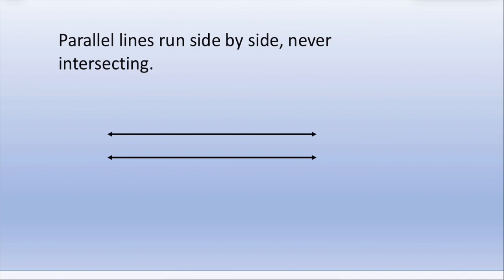Next, parallel. Parallel lines run side by side but never intersect. We can think of them as like railroad tracks. They're following the same path and they never meet.